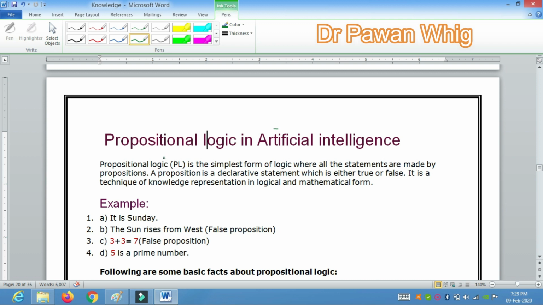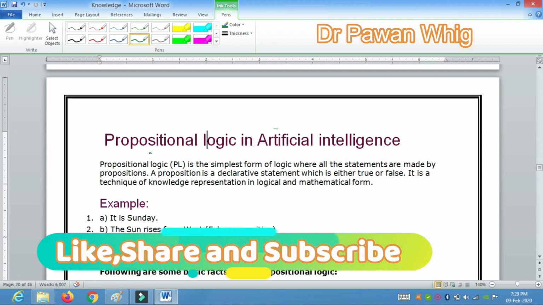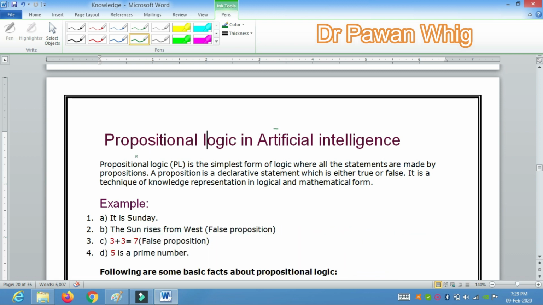By this, it is a technique of knowledge representation in which we represent each and every sentence in a logical and mathematical form. Mind it, in propositional logic we just involve two things: one is the logic, another is the mathematical form.